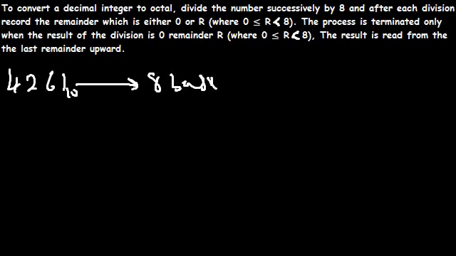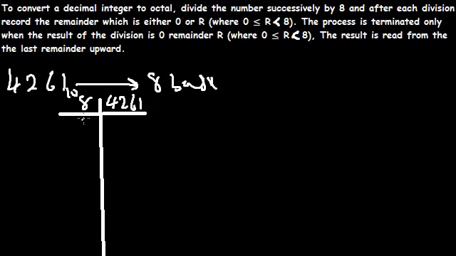Just like before, the first thing we are going to do is to draw a table. At the left hand side of the table, we have the divisor, and the right hand side, we have the divided, 4261. Now we can begin the division process.